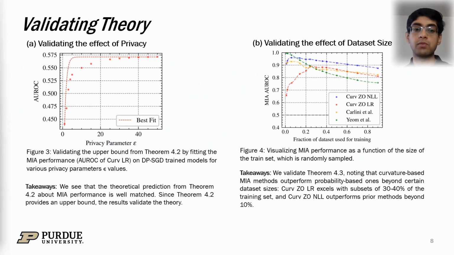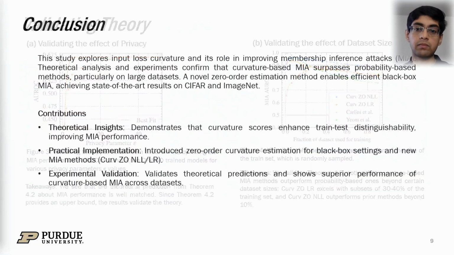We see that the proposed method, curvature 0 LR, exceeds that of other methods around the 30% subset size of the training set, and curvature 0 NLR, NLL outperforms prior methods above the 10% subset size.